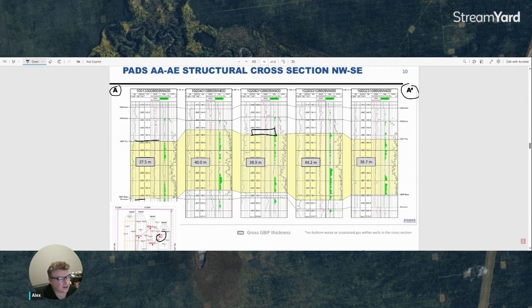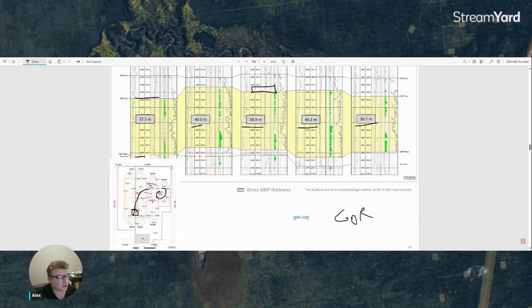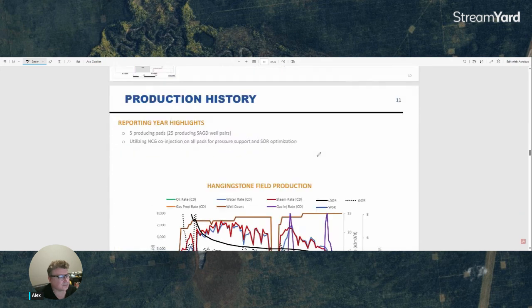What they're saying here is that the geology is heterogeneous, but you do have a 37-meter thickness to the sand pay here, 40 here, 38.9 here, 44 here, and 36 here. It's going through the pads to understand the quality of the asset and what to expect when it comes to chamber development, because not everything is going to be uniform and looking super nice, right?